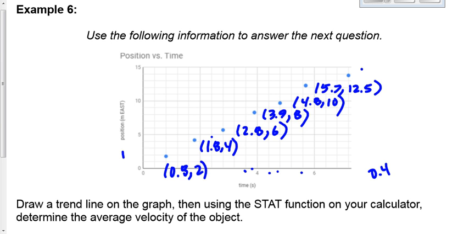And my last one, which is 6.4, 6.8, 7.2, and 14. So those are my ordered pairs there.